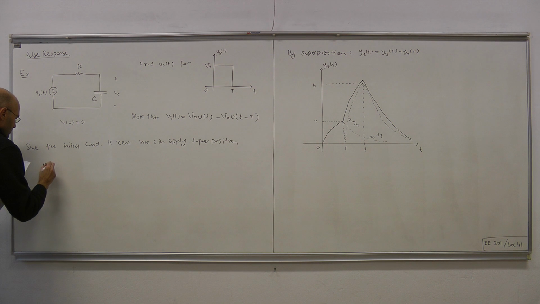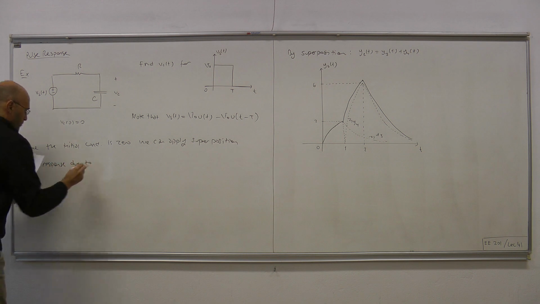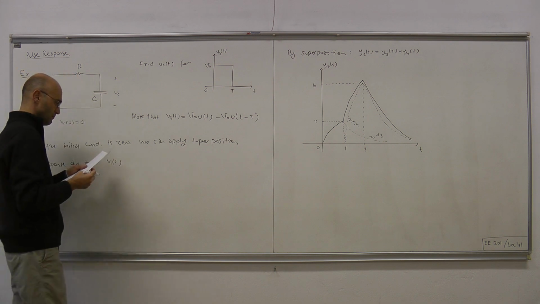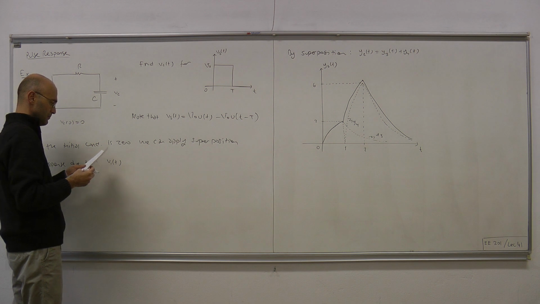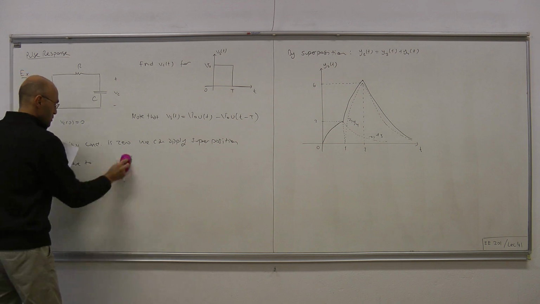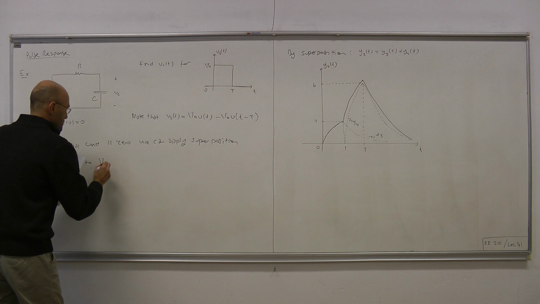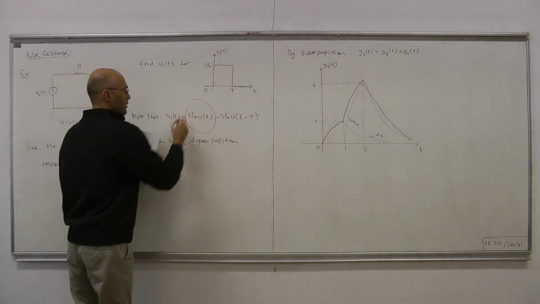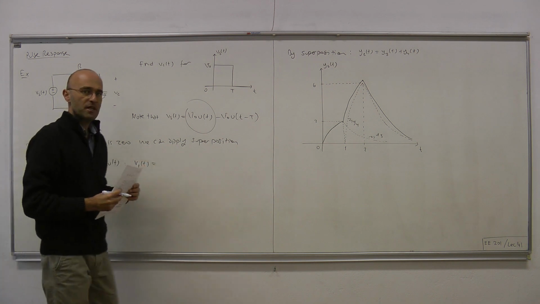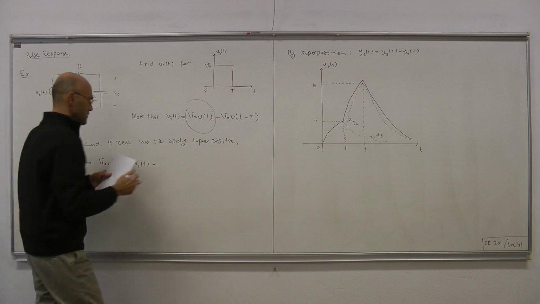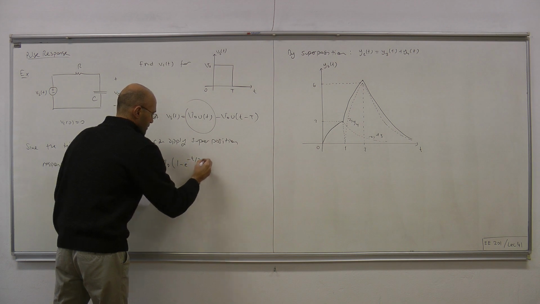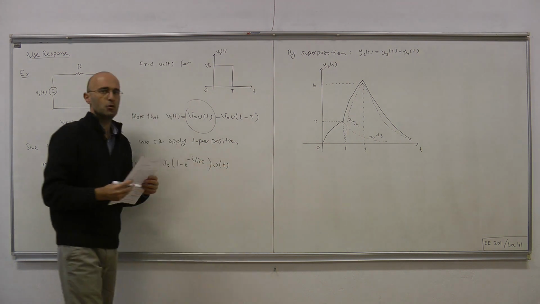So, the response to V0 u of t, for that piece, let's call it V1 of t, the first piece of the solution, is V0 times 1 minus e to the minus t over the time constant, times u of t.